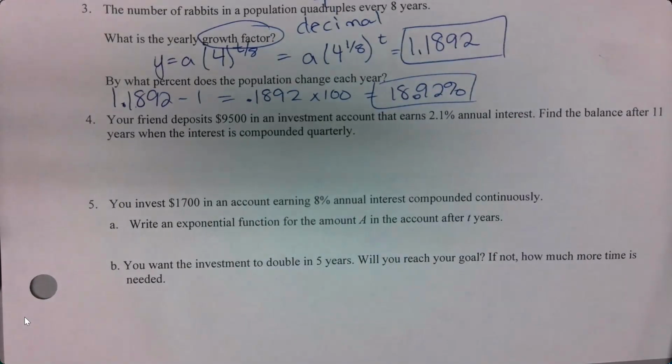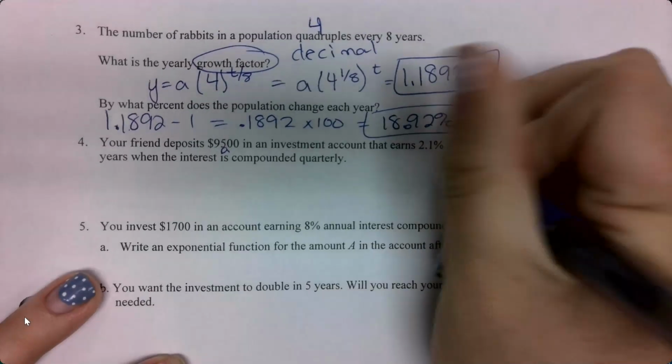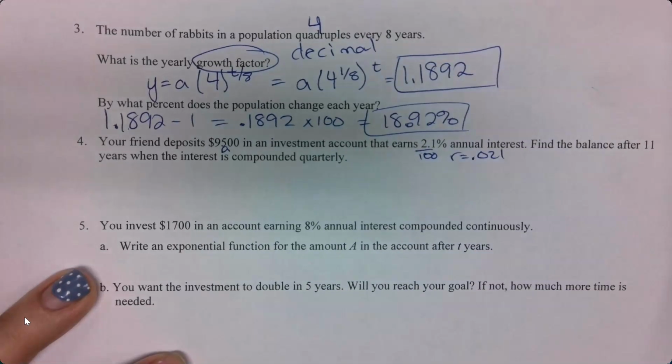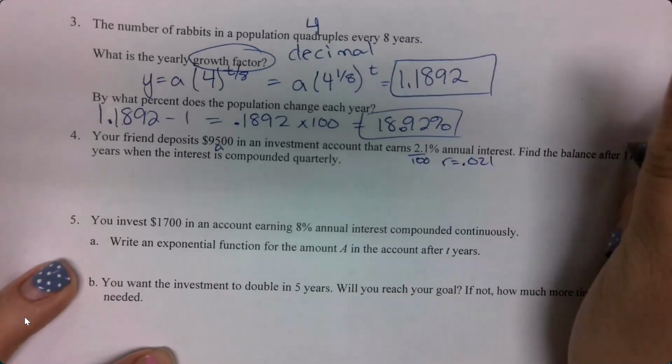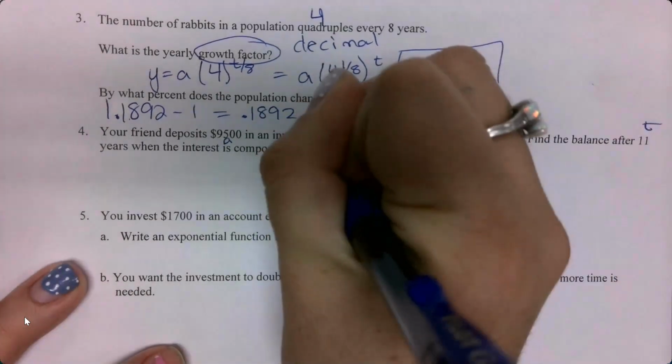Number 4 says my friend deposits $9,500 into an investment account that earns, so this is my A, 2.1% annual interest, so that is 0.021 as a decimal. Find the balance after 11 years when the interest is compounded quarterly, 4 quarters in a year.